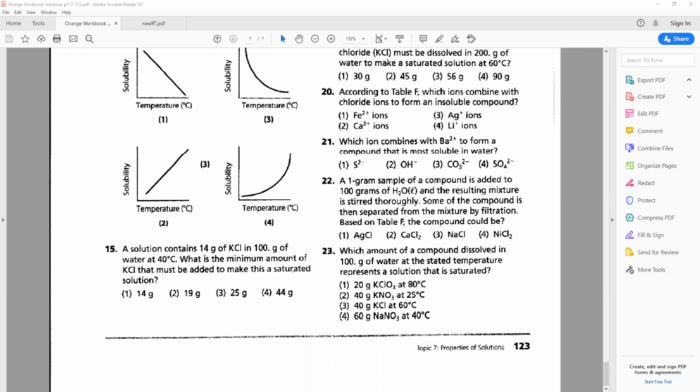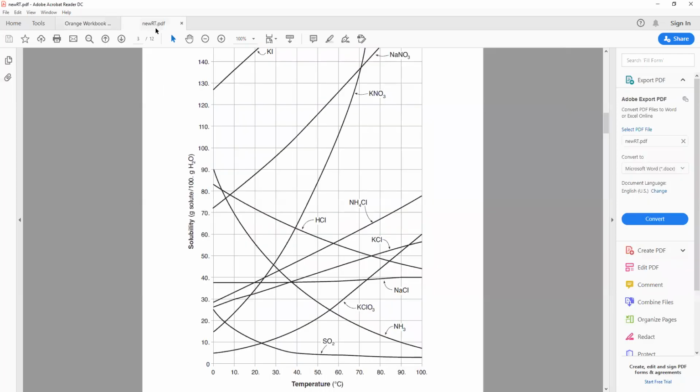For a saturated solution, I have to go on the plot. So let's go over here. So if I go at 40 degrees Celsius and KCl, here is the plot for KCl. Here we go, there is KCl.